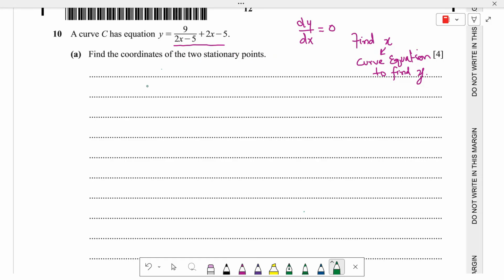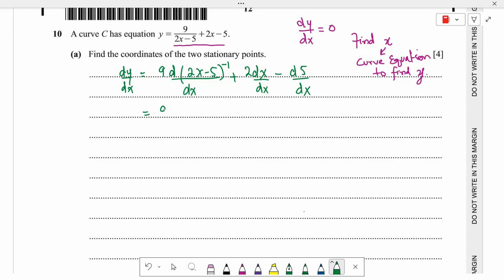First we find the dy over dx. dy over dx is equal to the derivative of y. So 9 is constant, and the derivative of 1 over 2x minus 5, which is 2x minus 5 to the power of negative 1, with respect to x, plus 2 times the derivative of x, minus the derivative of 5 with respect to x.